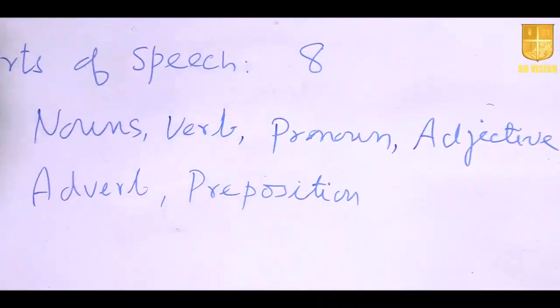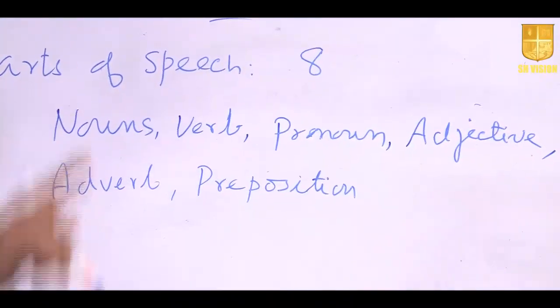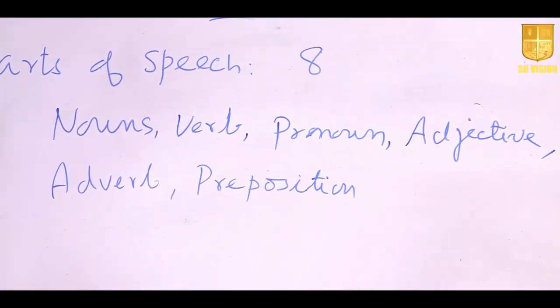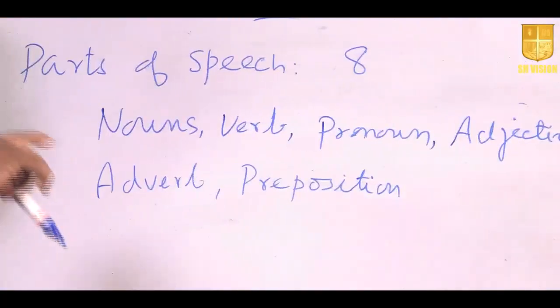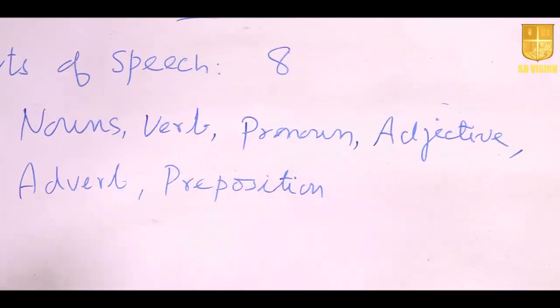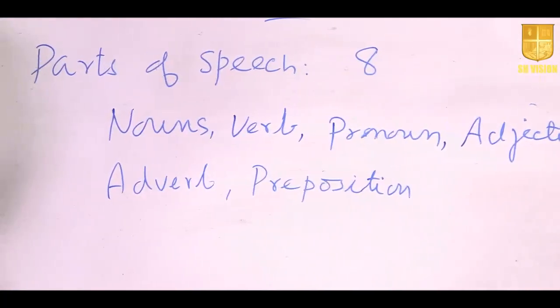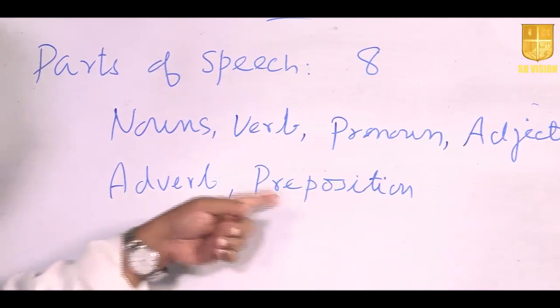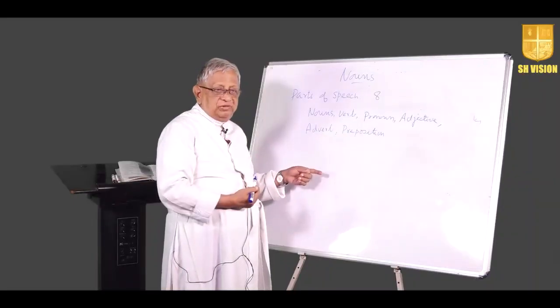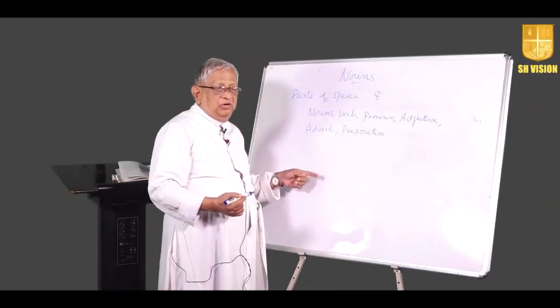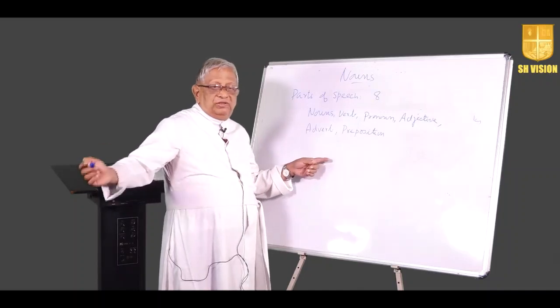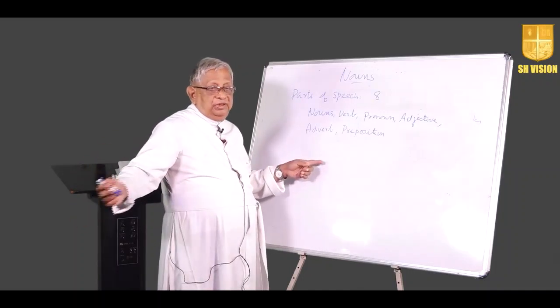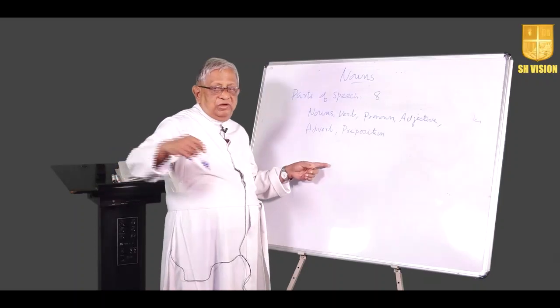For example, gacchati means to go. But you add prepositions to it, the meaning changes. For example, agacchati. A is a preposition. Agacchati means to come, not to go. Or bahirgacchati means to go out.